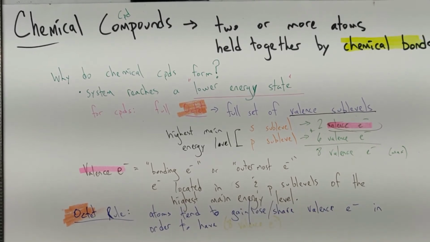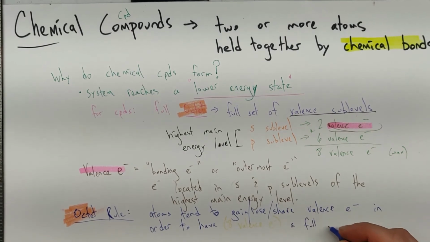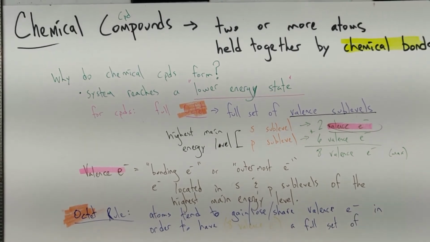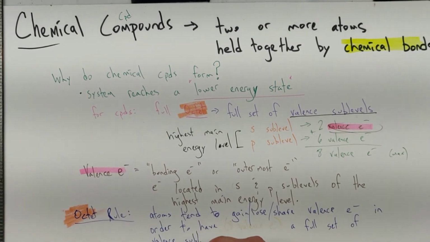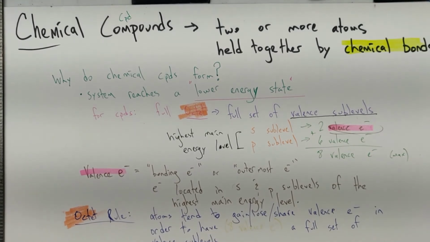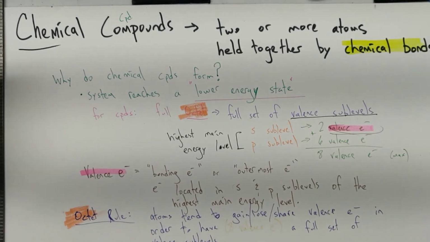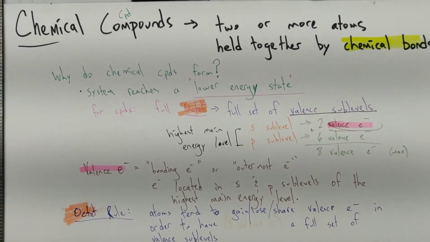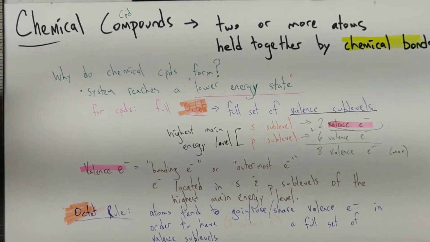when I think it is more appropriate for us to say a full set of valence sublevels. And I think that's okay to say, and the reason I mention it that way, number one, 8 isn't going to be the number every single time we need things, but second of all, there are things that have a full set of valence sublevels without having 8.